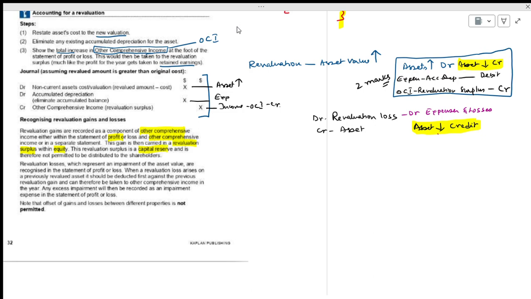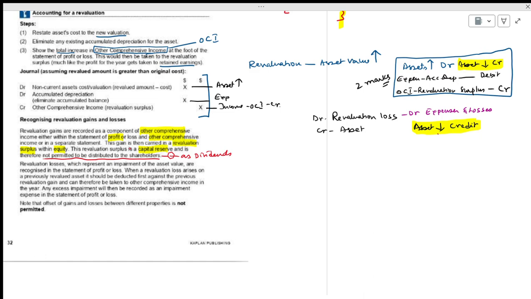Listen carefully. In the examination, they will ask this type of question. Revaluation capital reserve is not permitted to be distributed to the shareholders. This amount is not permitted to be distributed to shareholders as dividends.